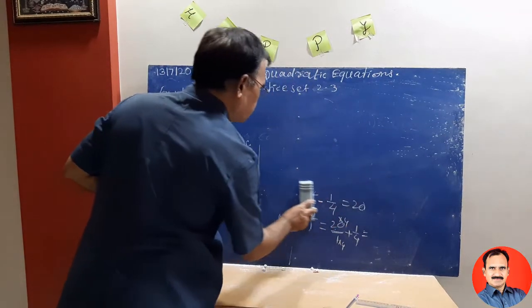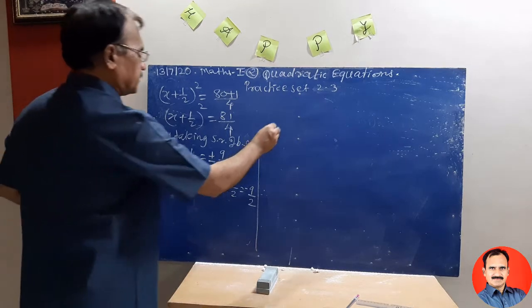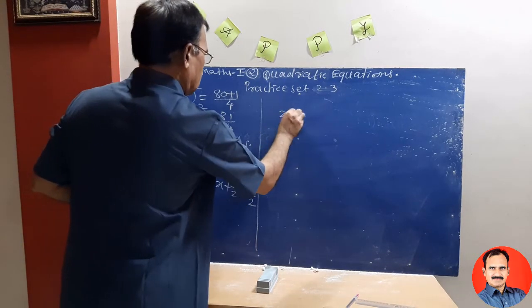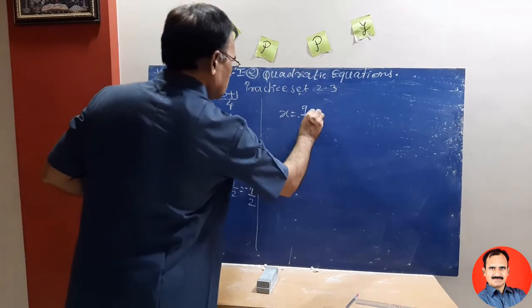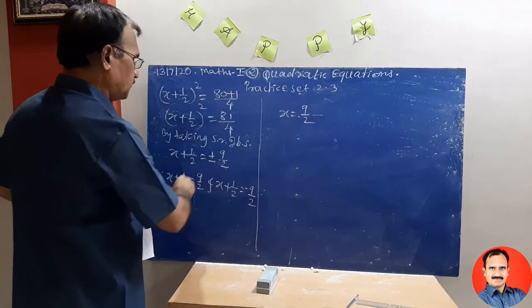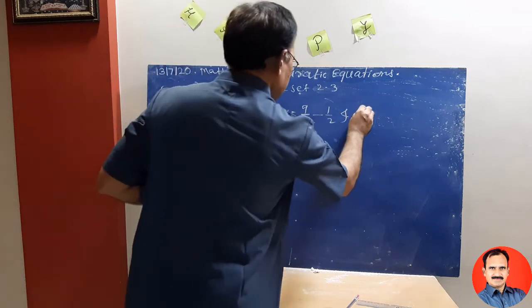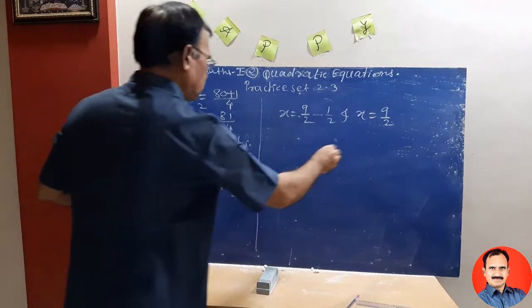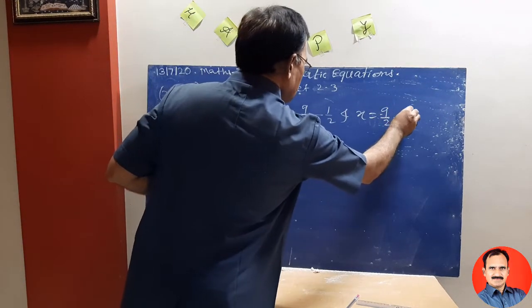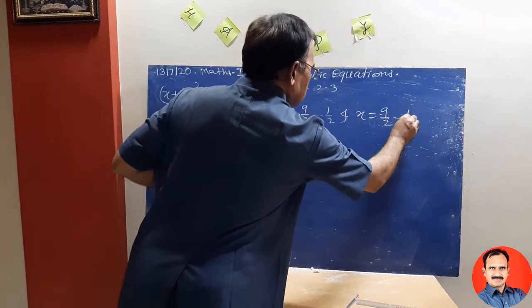Again see here, take half on that side. x is equal to 9 by 2 as it is, minus 1 half, and here x is equal to minus 9 by 2, plus half becomes minus half.